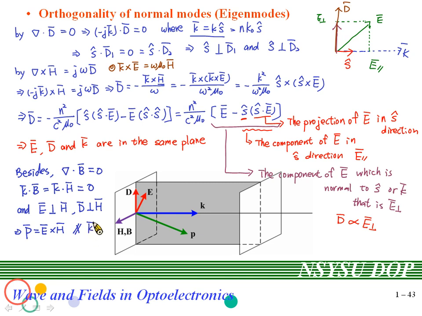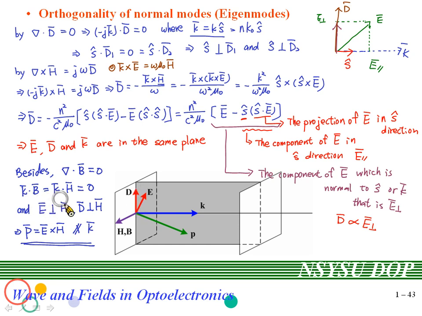Okay, so we can explain this very important result in an anisotropic medium by this figure. As I have said, we have K here, we have the E field, then we can know we have the D field now in this direction.